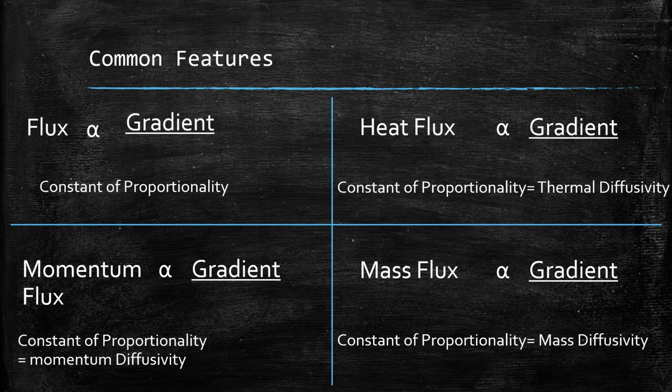So when I say gradient, it is the change in concentration or change in temperature or change in velocities with respect to distance, right? So here you'll see that there is some gradient, and because of that there is some flux that is being observed. So all the constants of proportionality, the momentum diffusivity, thermal diffusivity, mass diffusivity, these become the physical property of that particular medium, right?